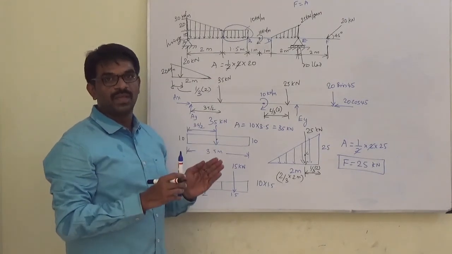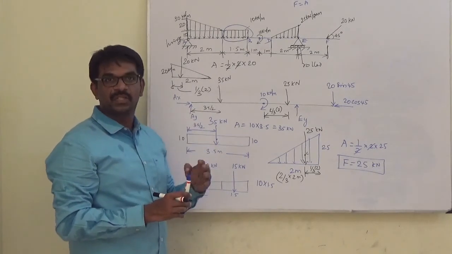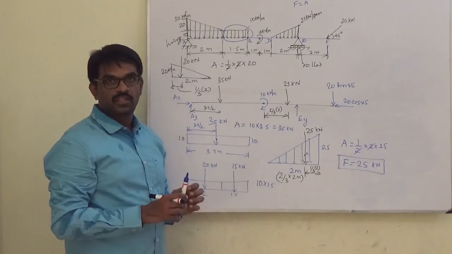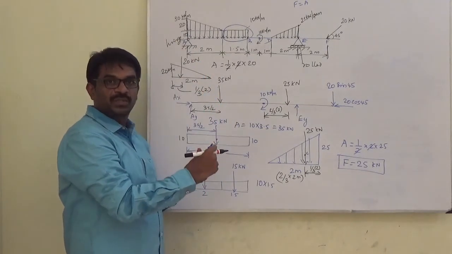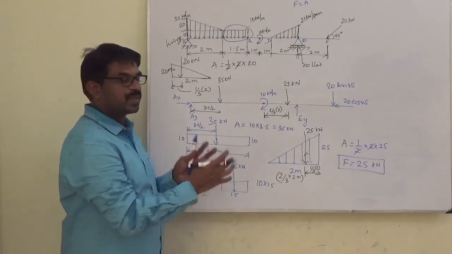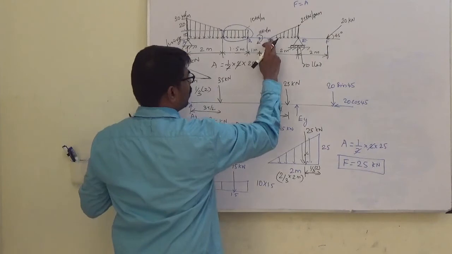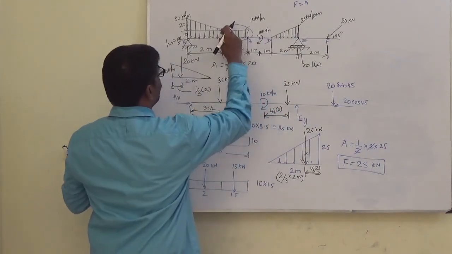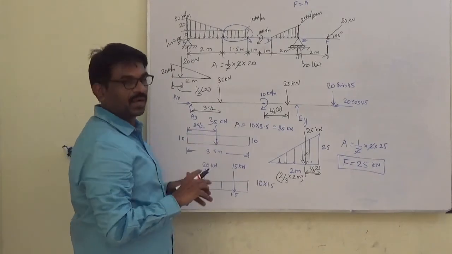Now how to deal with distributed force? So we have to first idealize that into a coplanar distributed force. Then the W force, Newton per meter, is acting either in the form of uniformly distributed or linearly varying, or like this also varying. That is also linearly varying only. Fine.